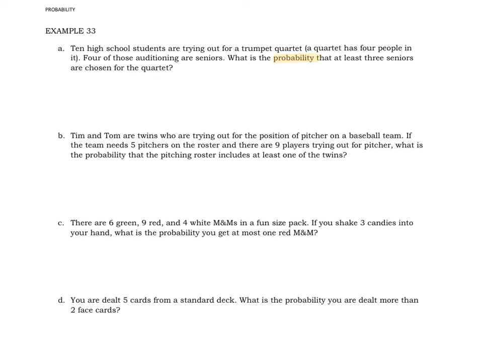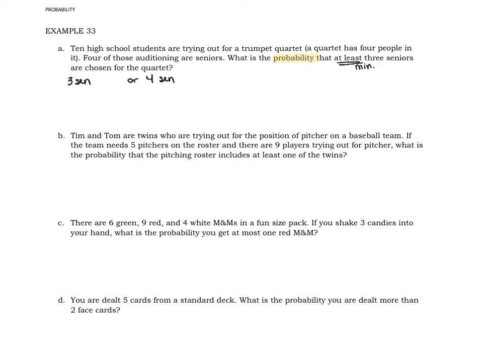10 high school students are trying out for a trumpet quartet. 4 of those 10 are seniors. What is the probability at least 3 seniors are chosen? So again, at least 3 seniors is a minimum of 3 seniors, which means we're looking at 3 seniors or potentially 4 seniors that are chosen for the quartet. We need 4 people total.